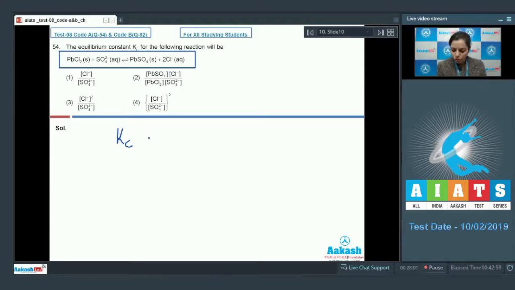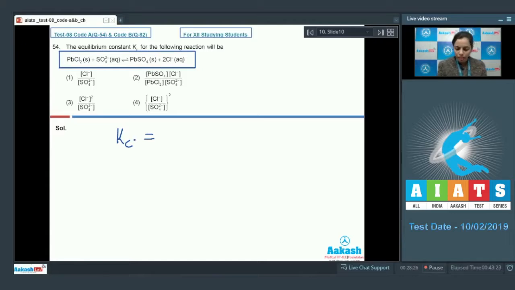So in this case, if we just want to find out this Kc, value for this Kc should be calculated with the help of the active mass of chloride ion, which are given in this reaction at the product side, and the sulfate ions. While PbSO4 is there in the form of solid and PbCl2 is also in the form of solid, and these two are in their pure form, and that's why their active mass is assumed to be unity or 1.